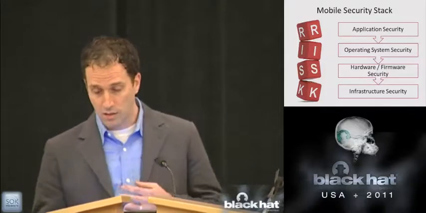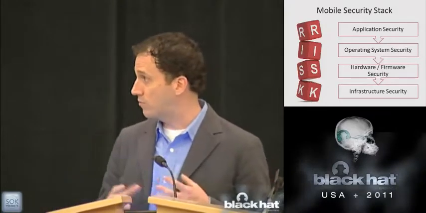Below that, we have the operating system, which is very equivalent to the operating system in the PC world. It sits as an intermediary between the hardware and the application and passes data back and forth. In the mobile space, we also have the concept of the hardware or firmware on the individual devices that you are holding, and we'll get into some more of that layer.